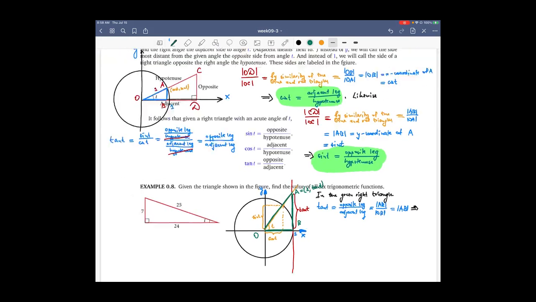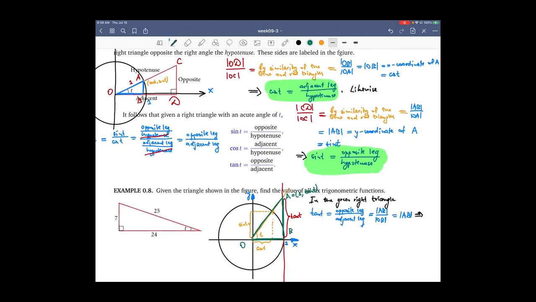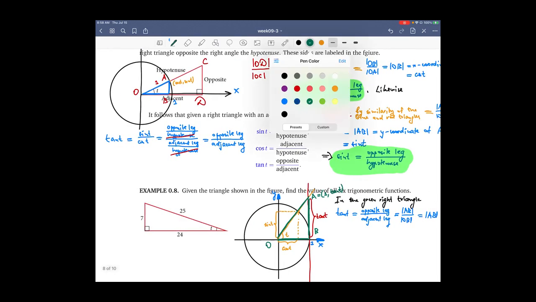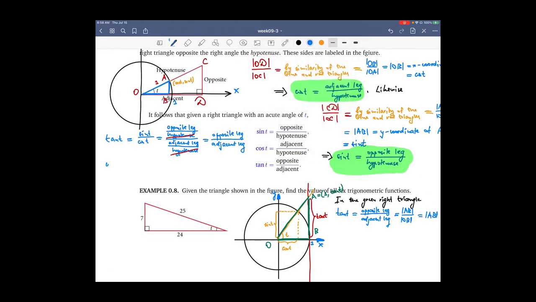That is very useful. Now, what about cotangent? Well, cotangent, being the reciprocal of tangent, will be the reciprocal of this fraction. So we simply flip it. Opposite over adjacent, flipped becomes adjacent over opposite.